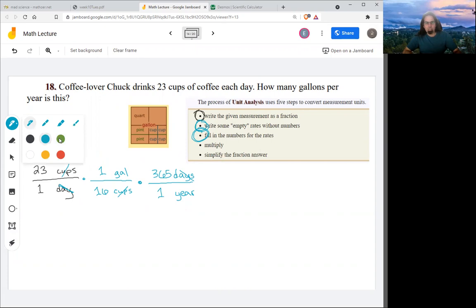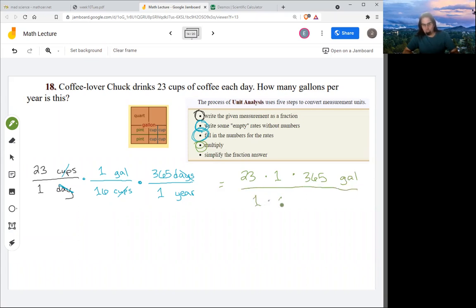Then we multiply. So 23 times 1 times 365, and all that's left is gallons. And you can leave out the times 1s if you want, they don't do anything.